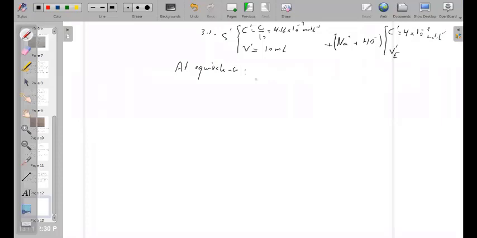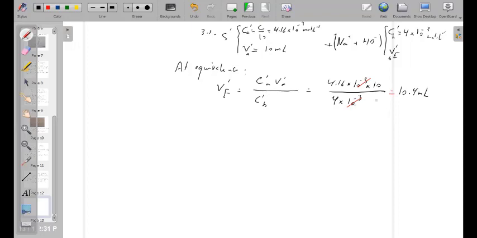C'A V'A equals C'B V'BE, V'A equals C'A V'A over C'B equals 4.16 10 negative 3 times 10 over 4 10 negative 3. 10 negative 3 و 10 negative 3 بيطيروا، يبقى 4 على 4.16 يطلع 6، 10 بيطلع 10.4 مللتر. تتأكدوا منها انتم على بعدين.